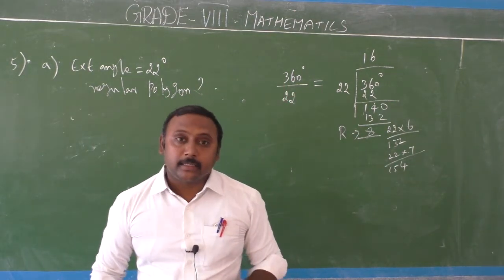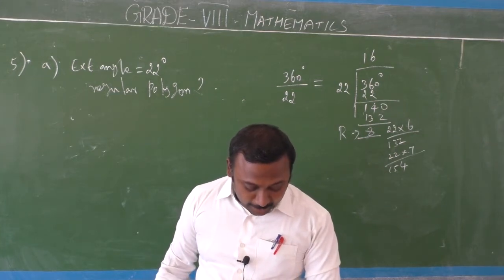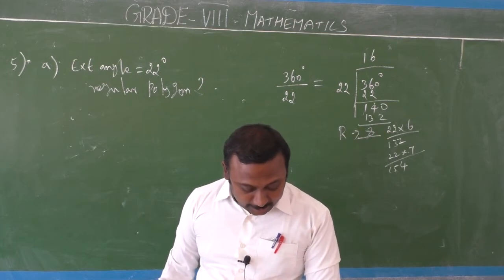So you have to read the question. What is the question? Is it possible to have a regular polygon with the measure of each exterior angle 22 degrees?